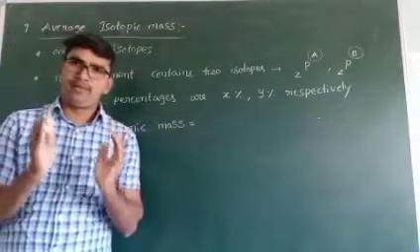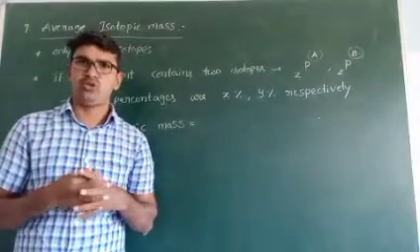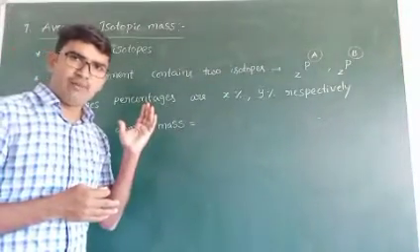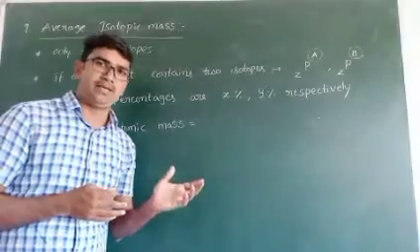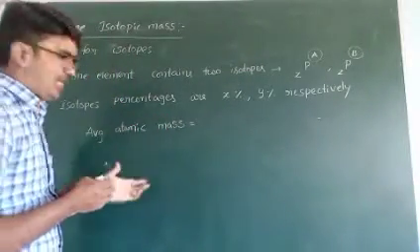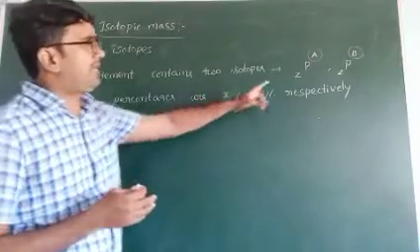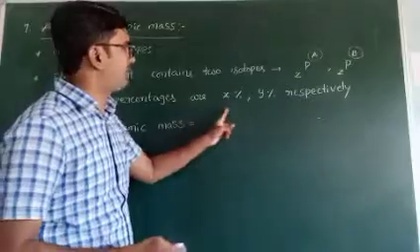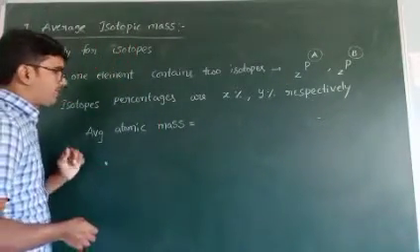For example, if one element contains 2 or 3 or any number of isotopes, the same number of electrons are present, meaning the atomic number is the same and the mass number is different. Such isotopes have different atomic masses and are available in different percentages. Then how can you calculate the average atomic mass?